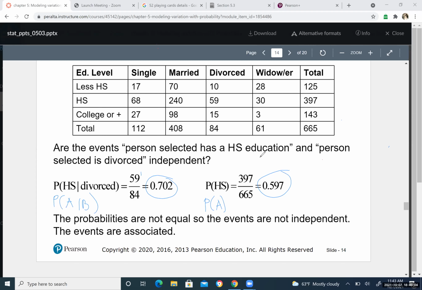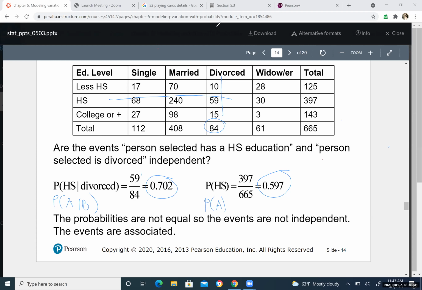In order to find the probability of high school given divorce, we did already, right? We're focusing on the group divorce, which is 84, you write at the bottom. High school and divorce, you find it on the top, right here. They join as 59, so you write 59 above, divided by 84.